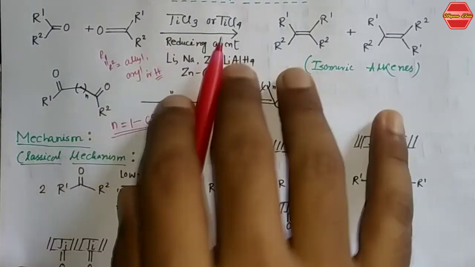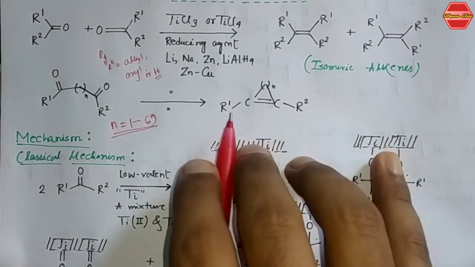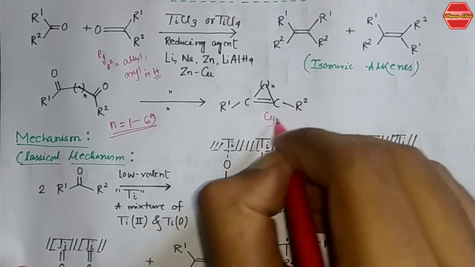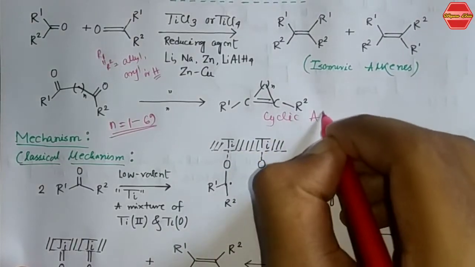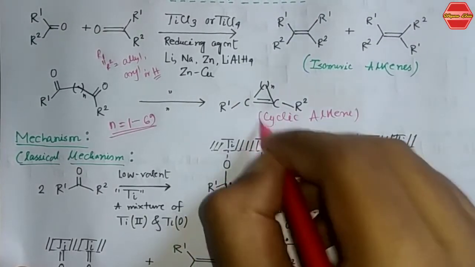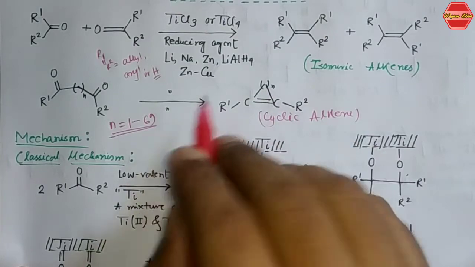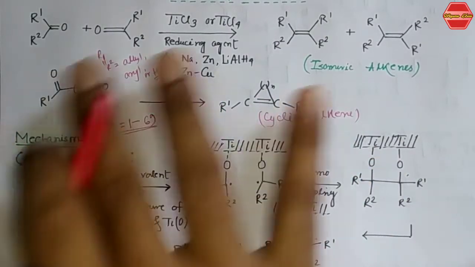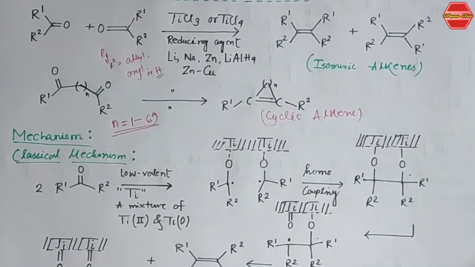With the same condition, we get the cyclic alkene. This n can vary from 1 to 69, and that is the overall McMurry coupling.